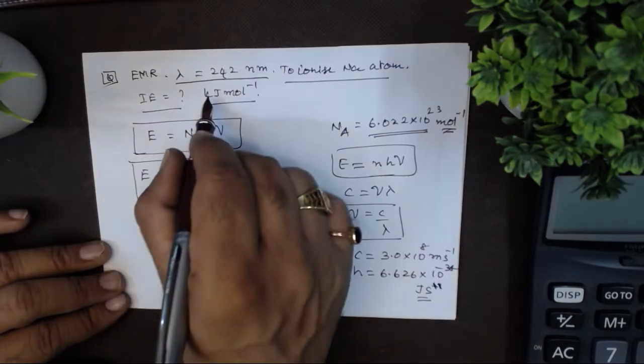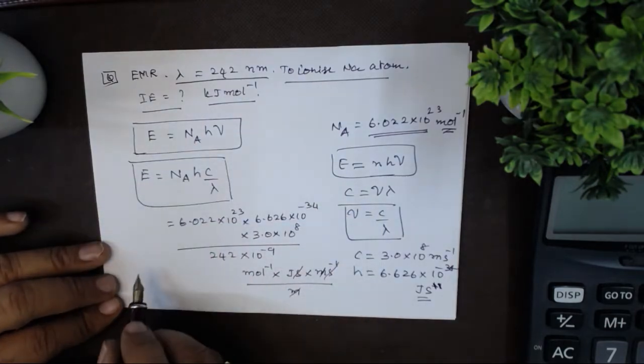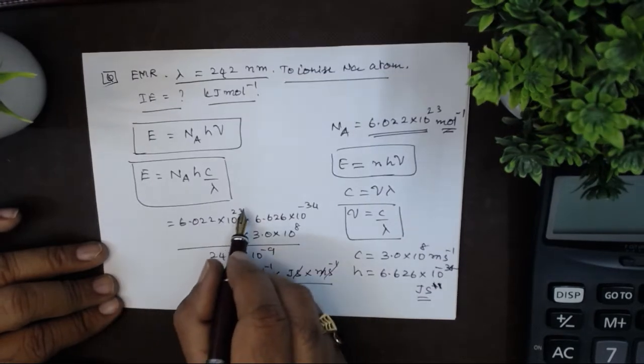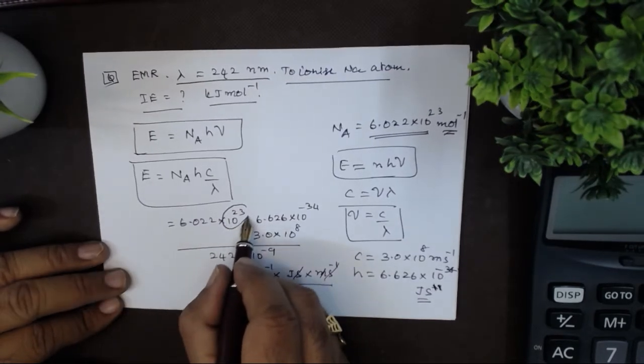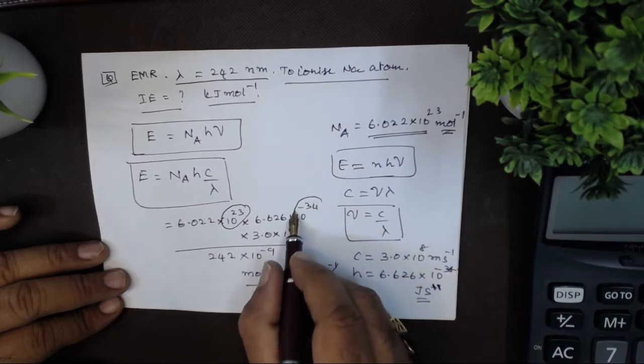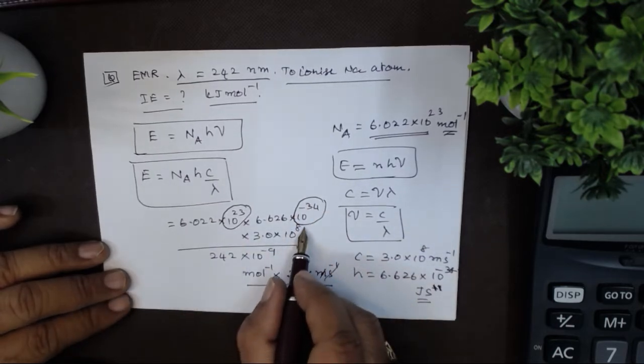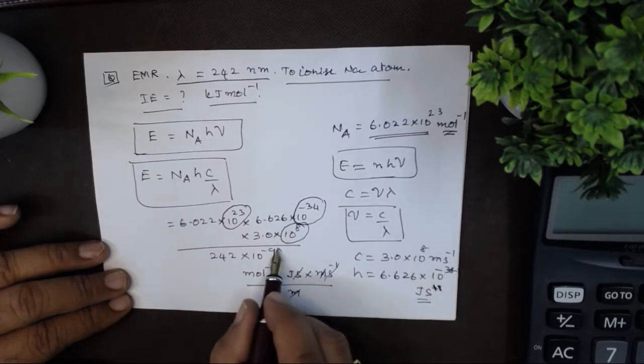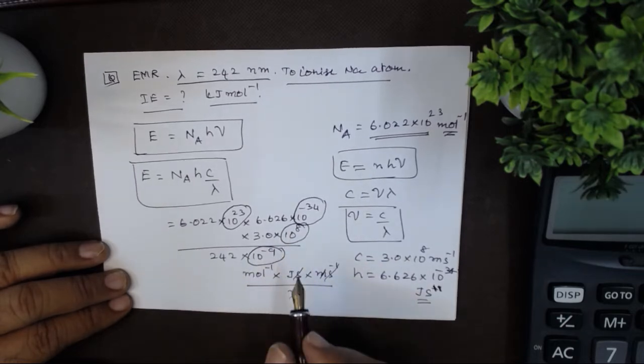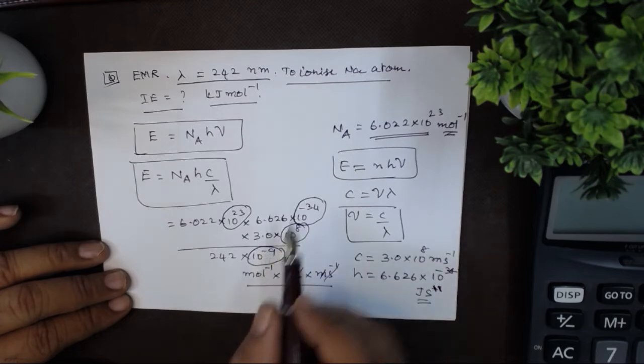But it is asked in kilojoule, so we can do that finally. Always work out the 10 power terms first: 10 power 23, 10 power minus 34, 10 power 8, 10 power minus 9. You can adopt the a power m formula.